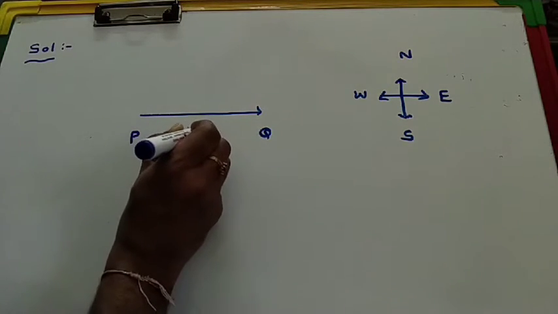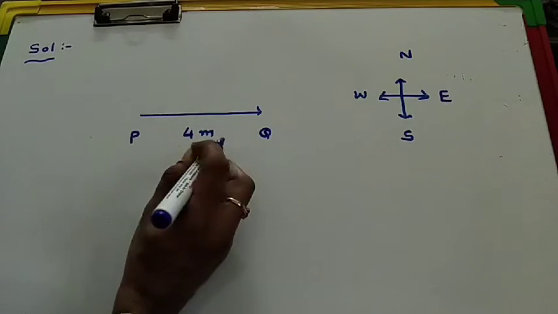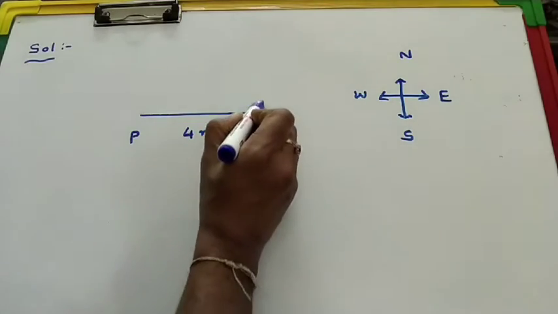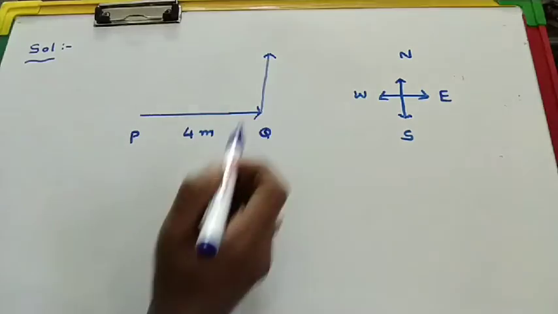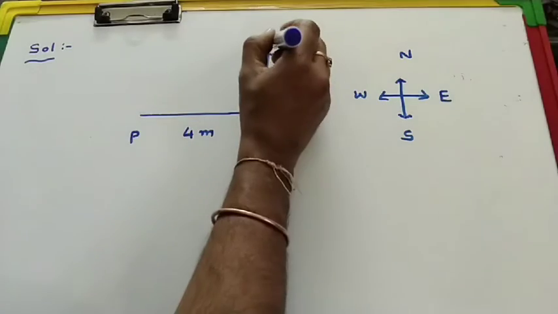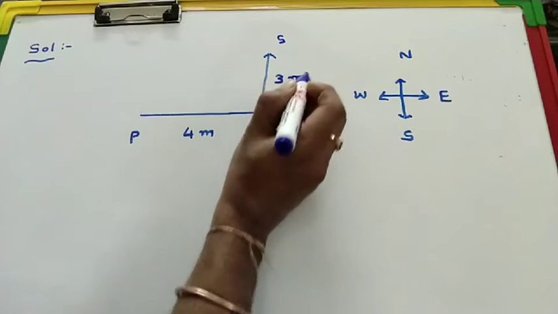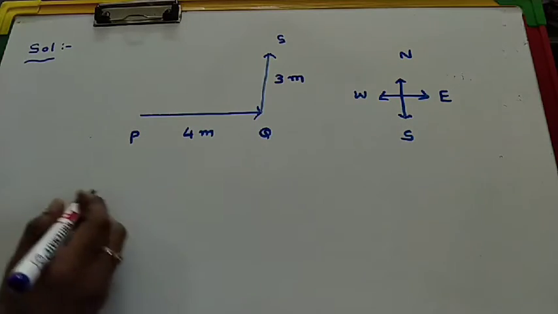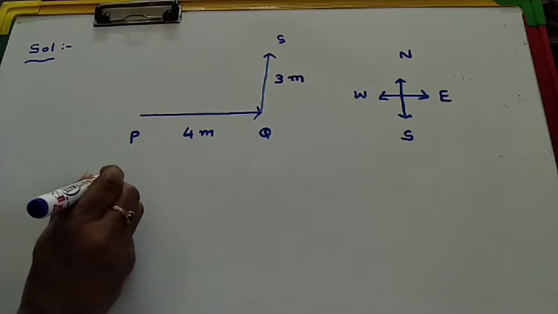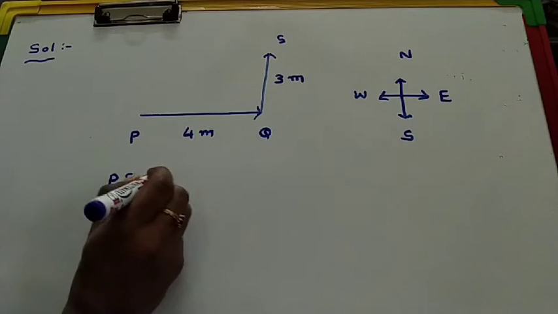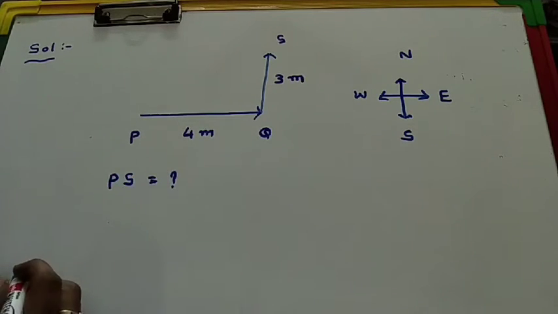What has the examiner given? 4 meters. Now take another vector in the north direction. This is QS vector. How much? 3 meters. Now, what does the examiner want? The examiner wants PS vector.